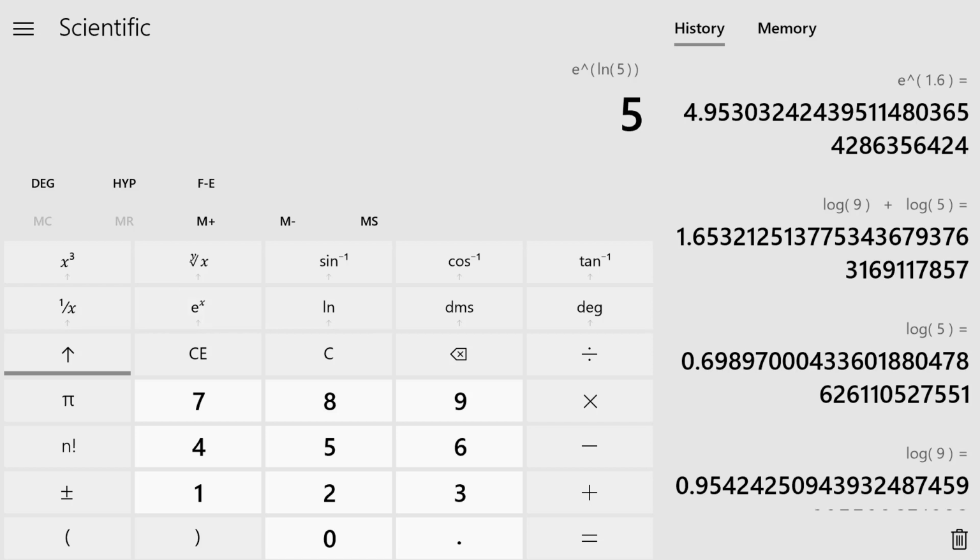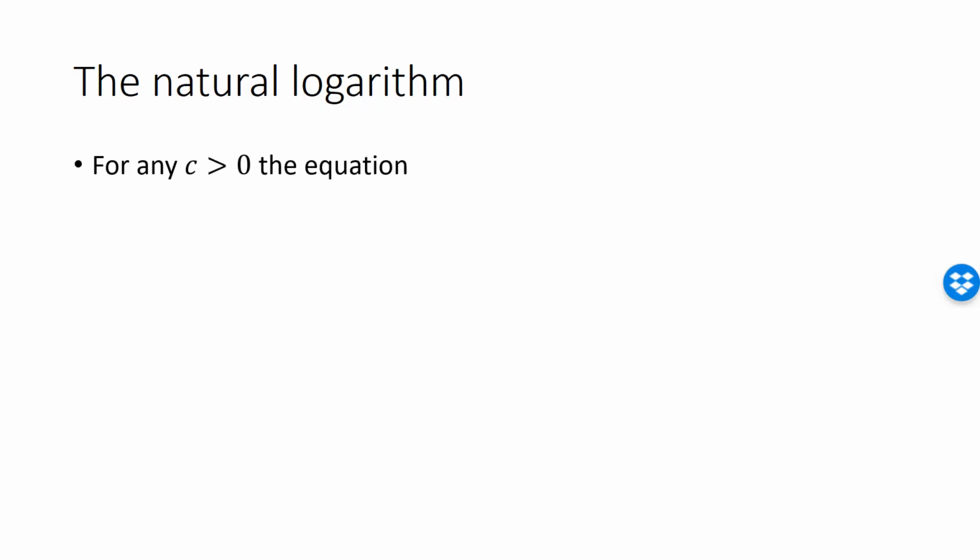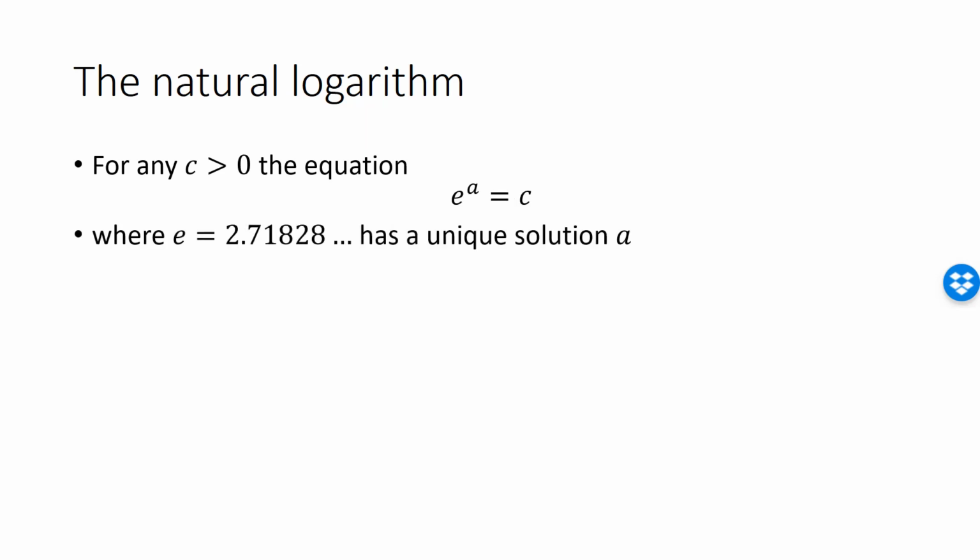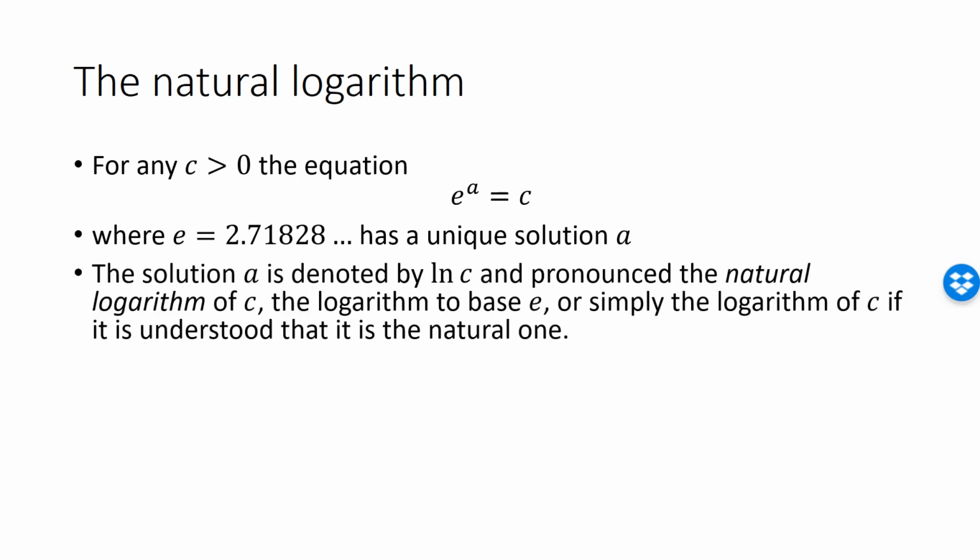The main point is then similar to the common logarithm. Any number c greater than 0 can be written as e to the a for some unique number a. The natural logarithm of c is then equal to this number a.